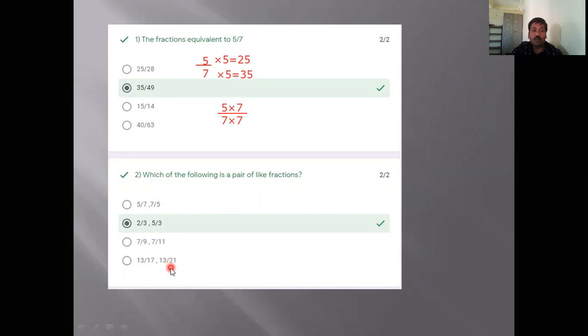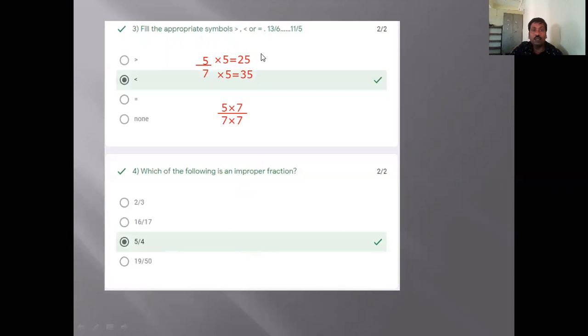In all four options, 2 by 3 and 5 by 3 will be the answer because the denominators are the same, 3 and 3. In the first case 7 and 5 are different denominators, 9 and 11 are different denominators, and 17 and 21 are also different denominators. It means 2 by 3 and 5 by 3 are like fractions. The answer will be the second.